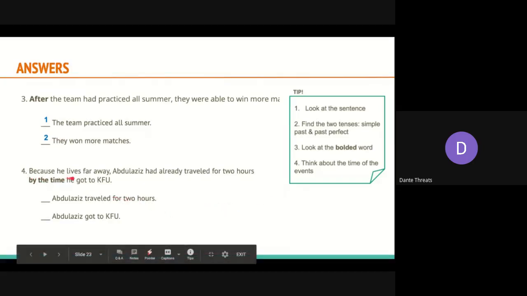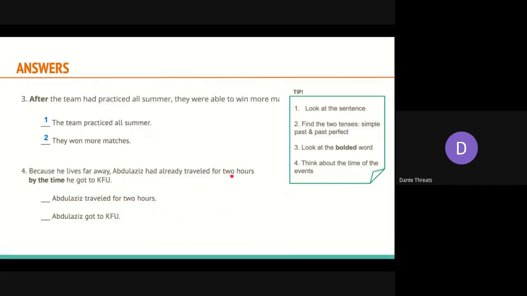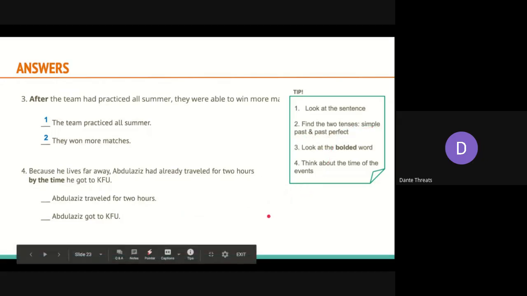Number 4, because he lives far away, Abdulaziz had already traveled for 2 hours by the time he got to KFU, right? So we're looking at the sentence as we just did. We need to find the two tenses, simple past and the past perfect, okay? Where is the simple past? Okay, "he got," yeah.